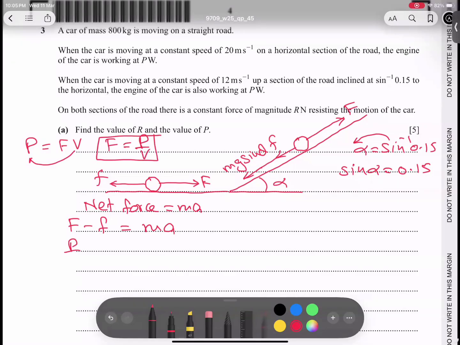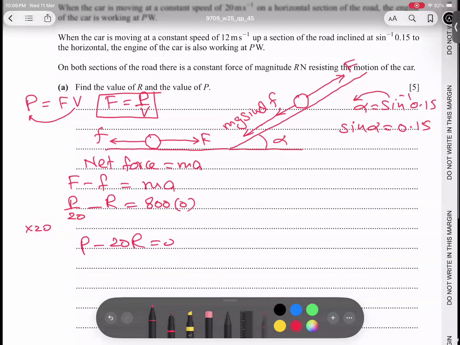P by V, and V is given for the horizontal track as 20, and the friction force we label by capital R, and mass is 800, and because of constant motion, acceleration is 0. If I multiply by 20, the 20 cancels out, and I get P minus 20R is equal to 0. I got one equation: P is 20R, equation number 1 done.